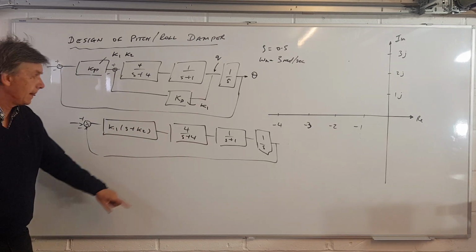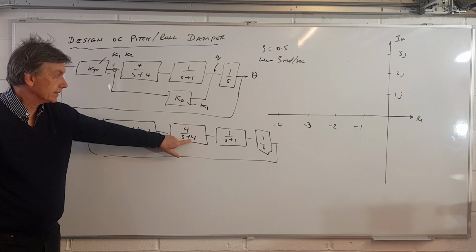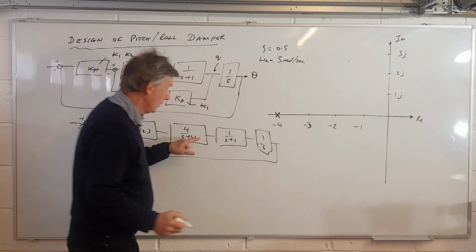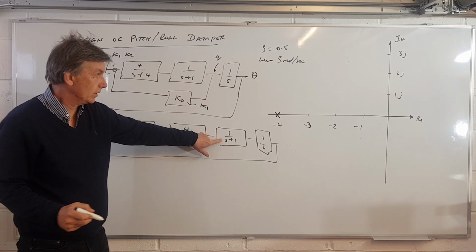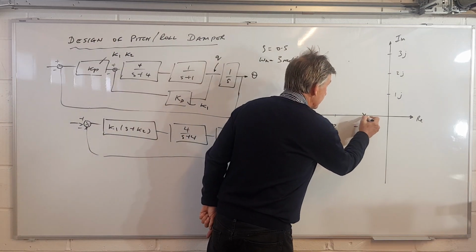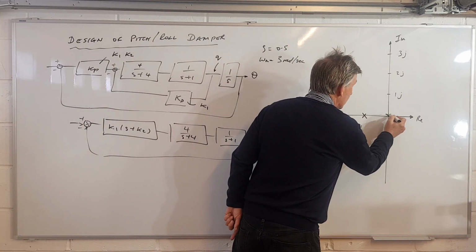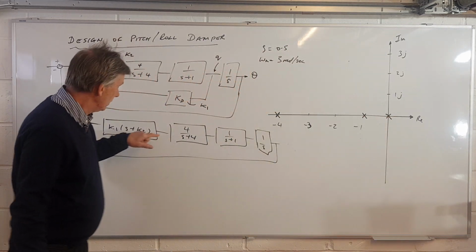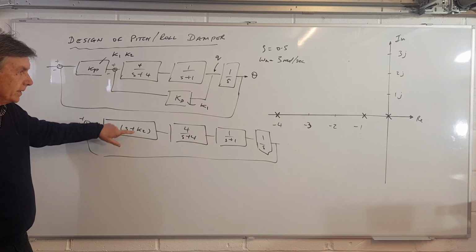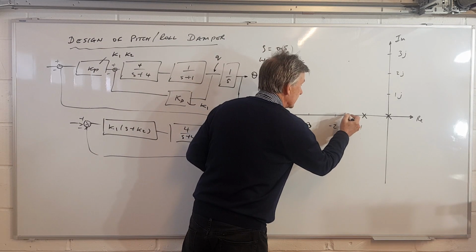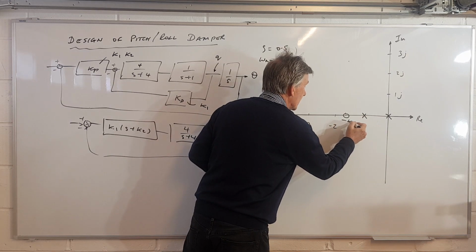Now looking at this, we've got a pole at minus 4, so you can put a pole there. We've got a pole at minus 1, so we've got a pole here, and we've also got a pole at the origin. The 0, we don't know where it is, but somewhere along here will be a 0 at minus K2.